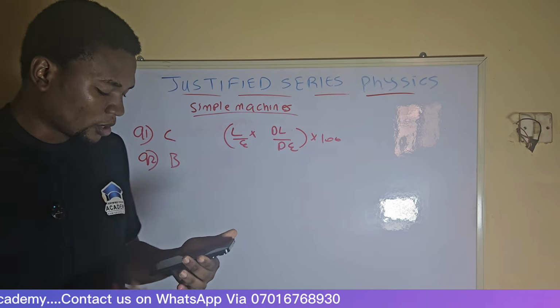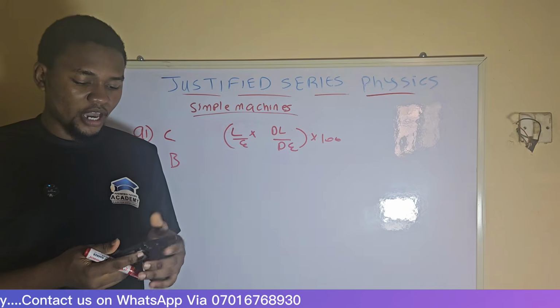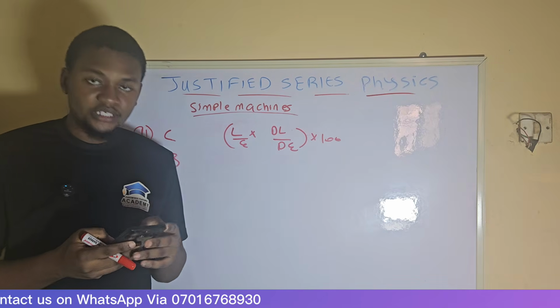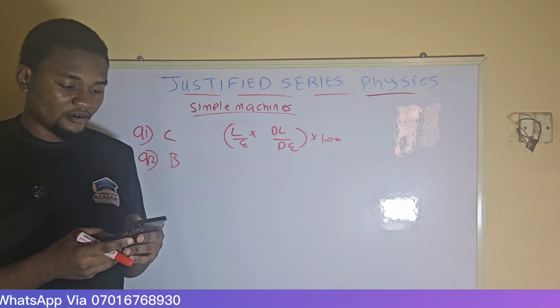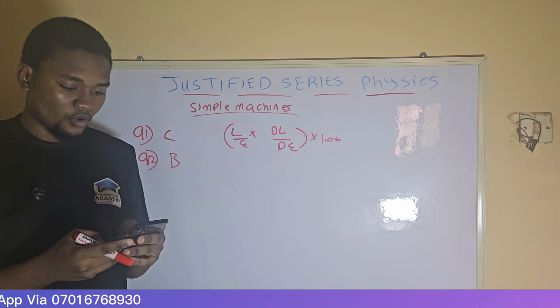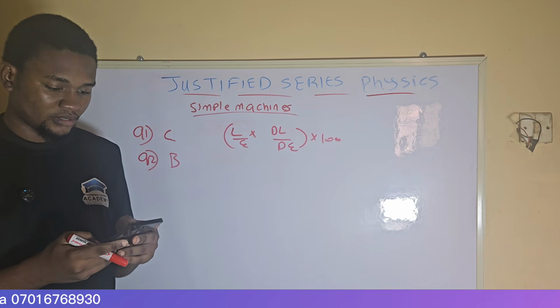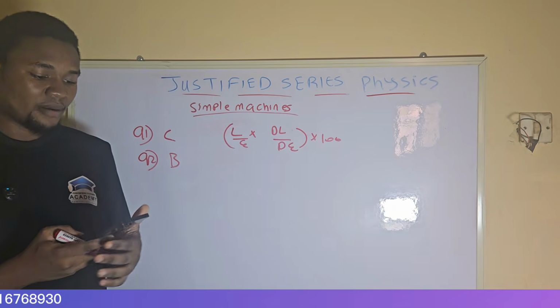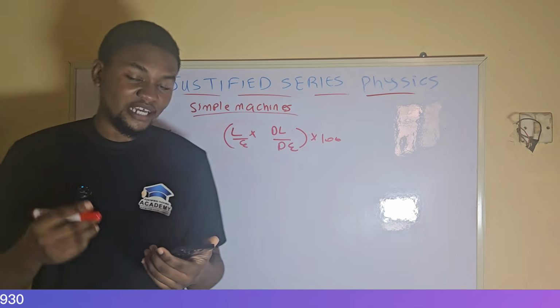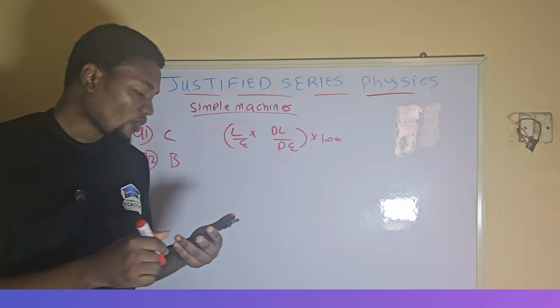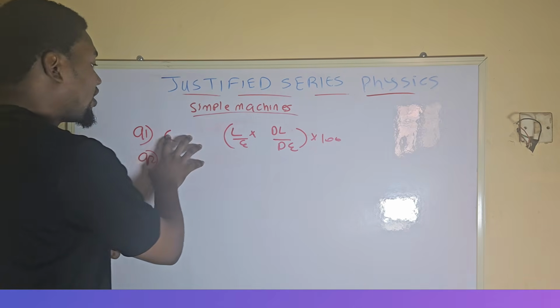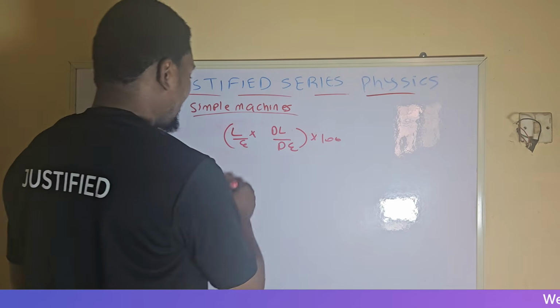Let me quickly dictate for you guys the velocity ratio formula for all machines, so that it can be easy for you to memorize and know in the examination. So very quickly, let me write it here.